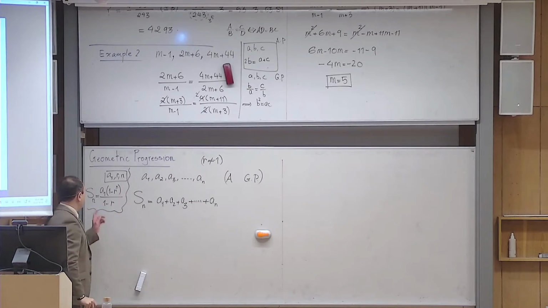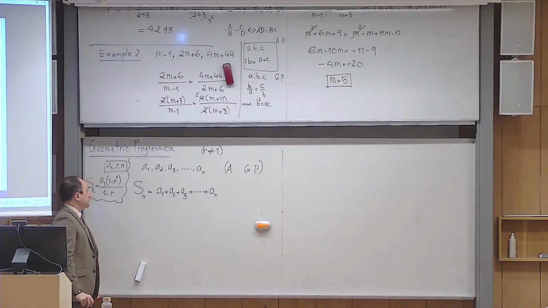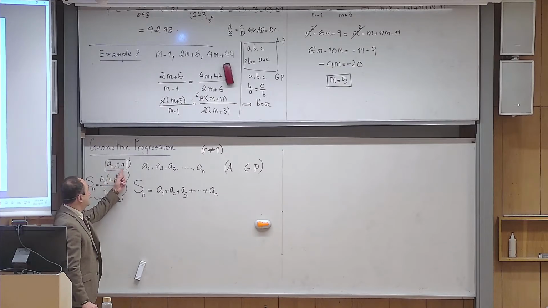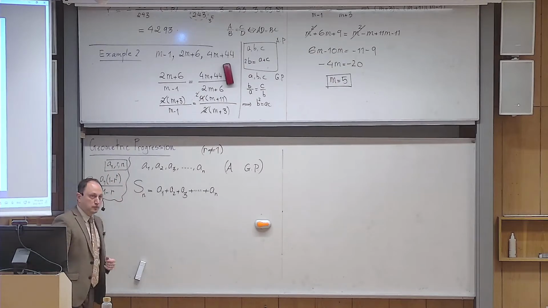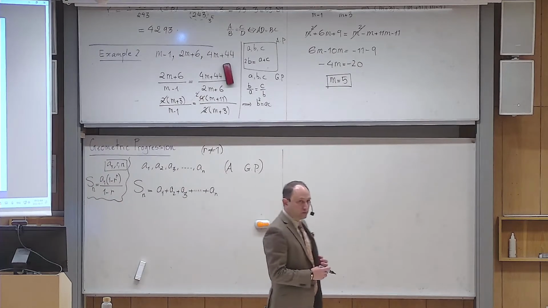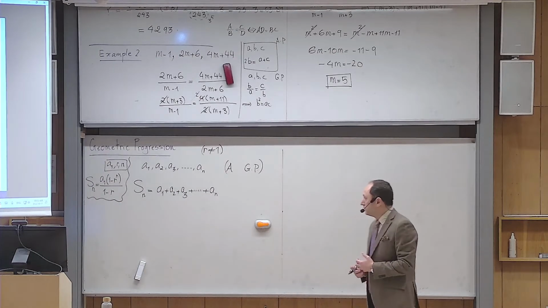My goal is to show that Sn is this expression. So you see that in Sn, I need r, I need n, I need A1. So I want you to find the formula so that if I give you these 3 quantities, you can give me Sn. So what do you think is a good method here?